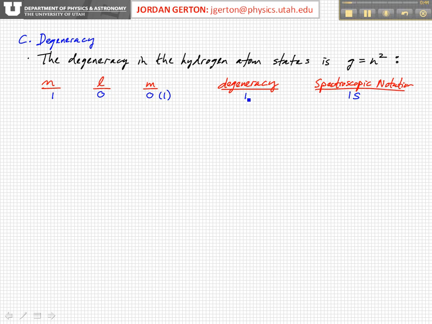That is, there's only one state with that energy. And in spectroscopic notation, which corresponds to how we usually designate these orbitals in chemistry, that would be a 1s orbital.